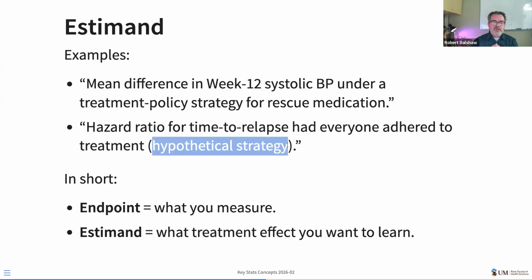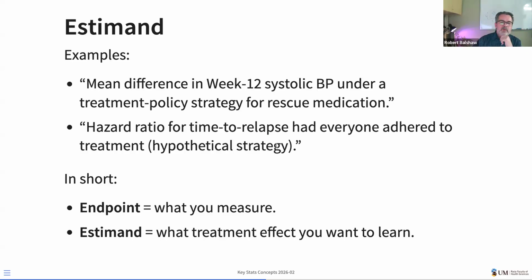In that case, we're going to talk about a hypothetical strategy: had everyone adhered to treatment. Those are two different strategies that are appropriate and become relevant when we're talking about how we're going to handle intercurrent events in our analyses.